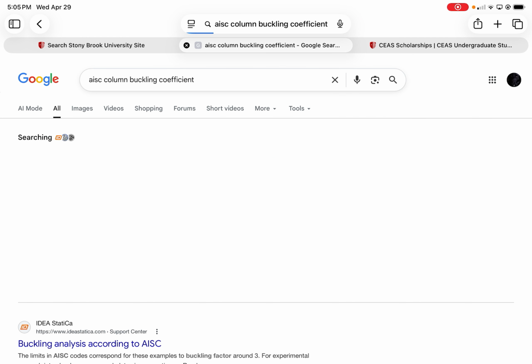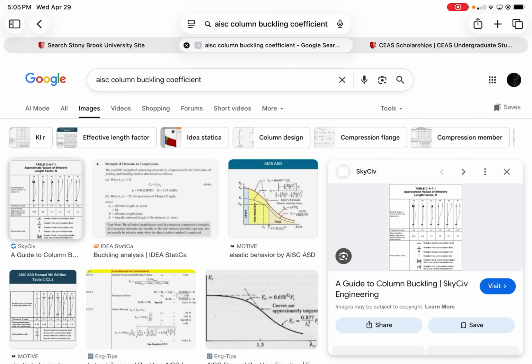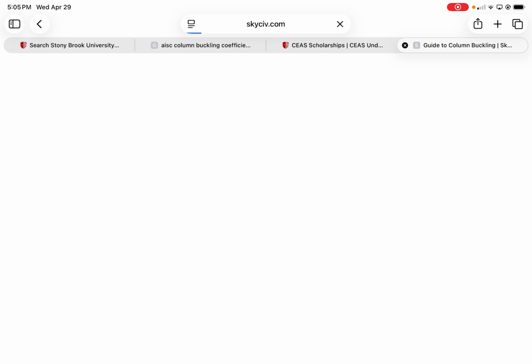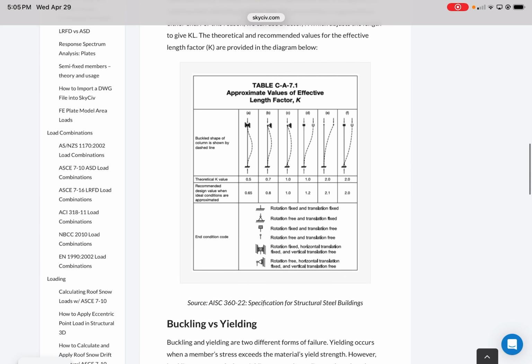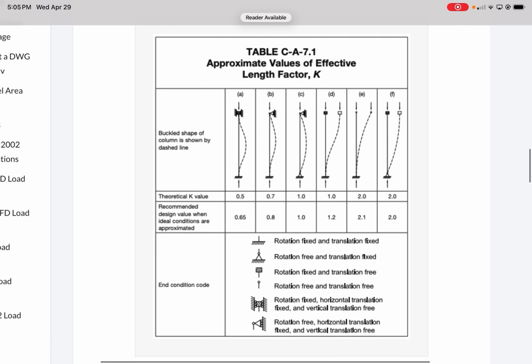In a lot of cases, you'll see different boundary conditions generally being solved. Here's a good example, from the AISC Steel Manual, the American Institute of Steel Construction. Mechanical or electrical engineers will not likely see this, but structural or civil engineers will see it a lot more often. This is just a general reference.